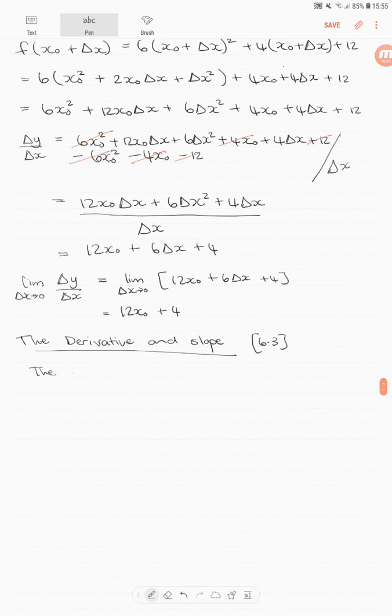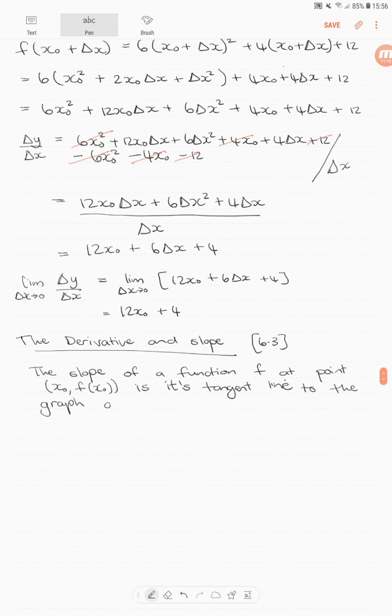The slope of a function f at point x0, f of x0, is its tangent line to the graph of the function at point x0.